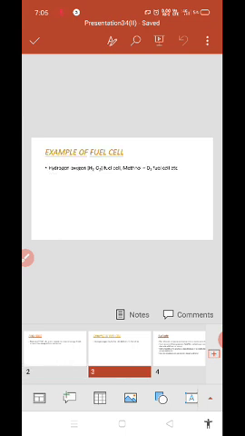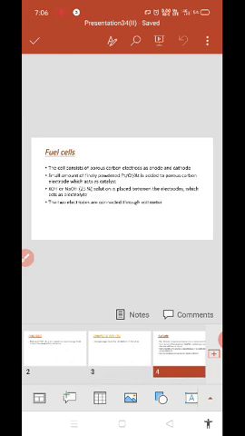And for the fuel cells, the best examples are hydrogen oxygen fuel cell and methanol oxygen fuel cell. When we take the hydrogen oxygen fuel cell, the cell consists of porous carbon electrodes as anode and cathode. A small amount of finely powdered platinum is added to the porous carbon electrode, which acts as catalyst.